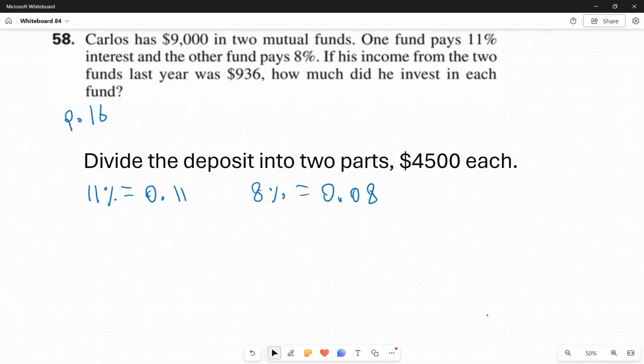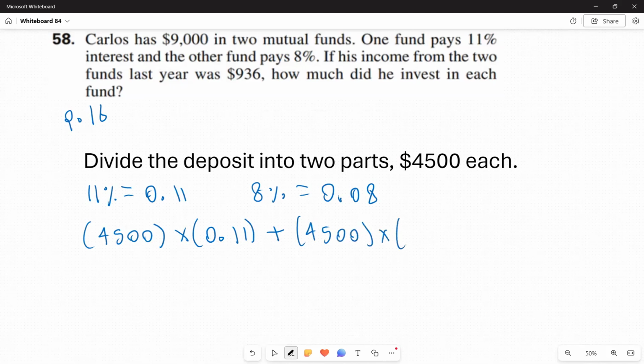So what do we have? We have that 4,500 at 11% is 4,500 times 0.11. And 4,500 at 8% is 4,500 times 0.08. So 4,500 at 11% is 495.